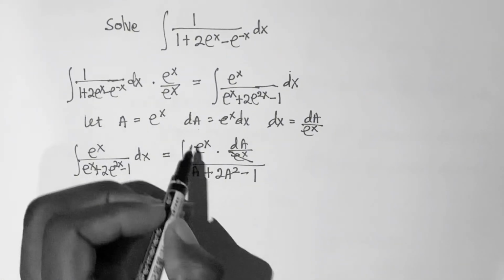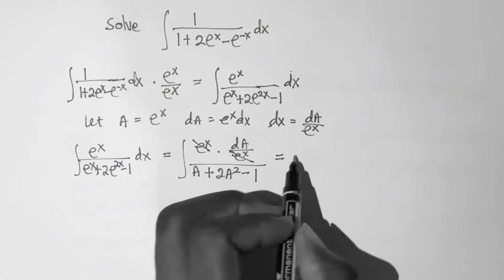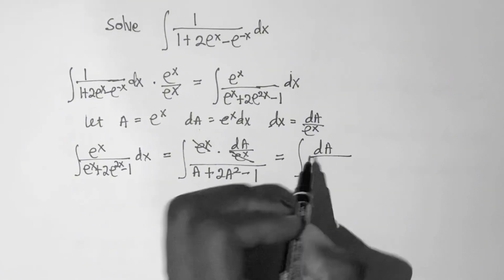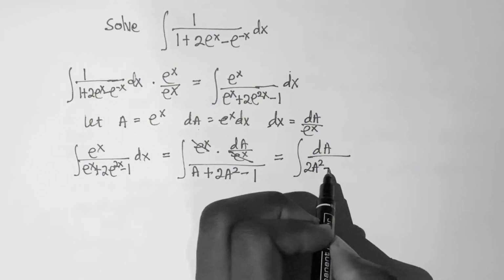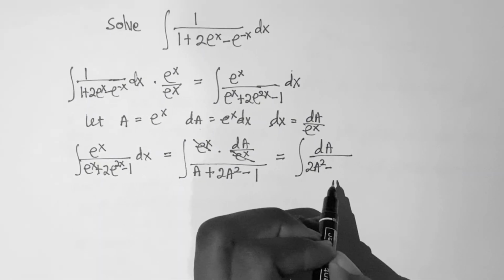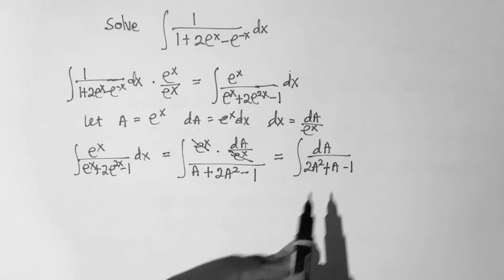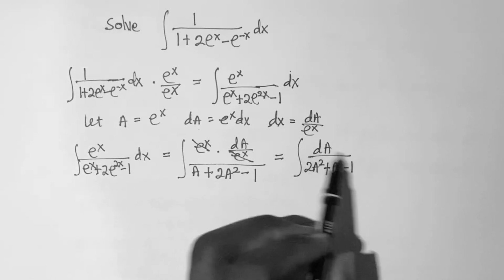So this e to the x and e to the x can cancel out. So this integral becomes the integral of dA divided by 2A squared plus A minus 1.